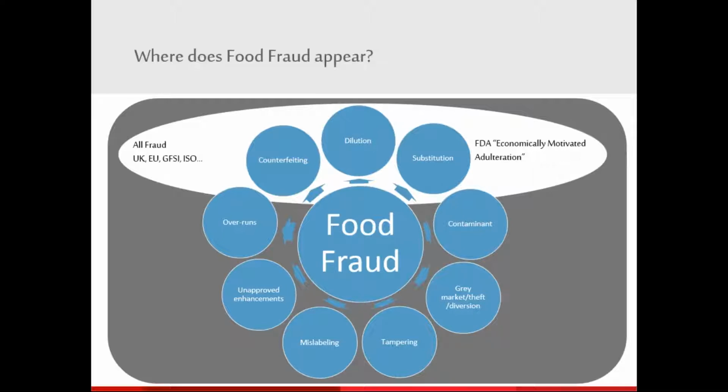So as we talk about dilution, substitution, contamination, do something with it to go ahead and sell it off. Or maybe food fraud is because of tampering. Where you might see examples of food fraud in the food industry.